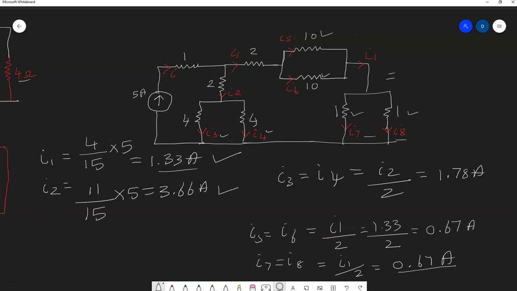Maybe in later videos I'm going to explain there are a few pluses and minuses with these types of things. You should always think about the power, which is I squared R. You should be worried about what kind of power will be generated, because the current is the same. So there is more power dissipation in a 10 ohm resistance than with the 1 ohm resistor.